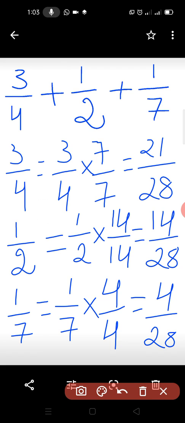So what is the first fraction? 21 by 28. Second one is 14 by 28. And third one is 4 by 28. By adding these three fractions, we will get the total distance travelled by Priya.